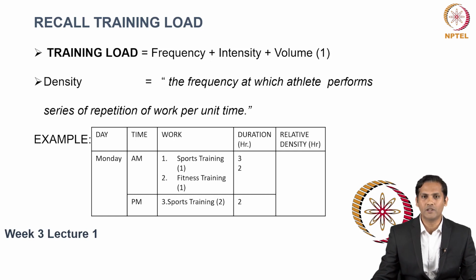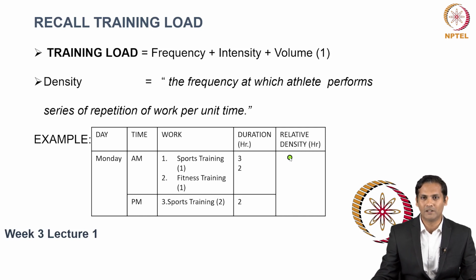So the total duration is around 3 plus 2 plus 2, 7 hours. So on Monday, the athlete trains for 7 hours. In such scenarios, if you use the term frequency, it doesn't describe the athlete's overall work. For that reason, we should be using density, and there are two types of density.